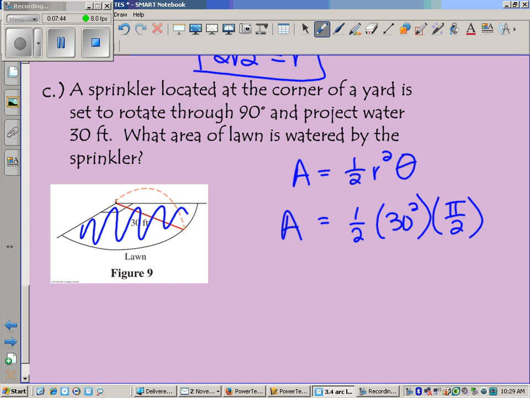All right. In your calculator then, you're going to do this: 30 squared times pi divided by 2, divided by another 2. Let's get the area of this lawn.